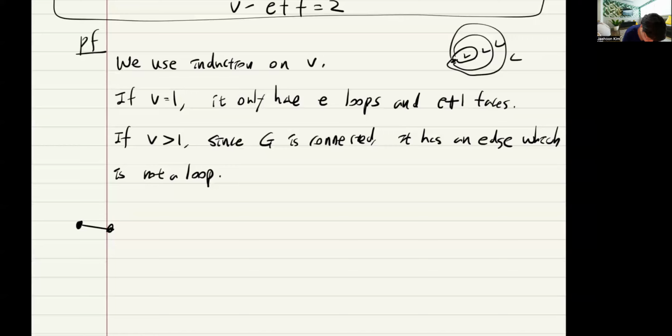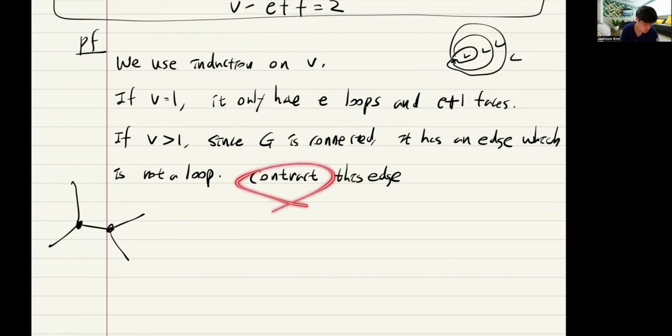Then what we do is we contract this edge. This contraction is an operation motivated by the plane multigraph.